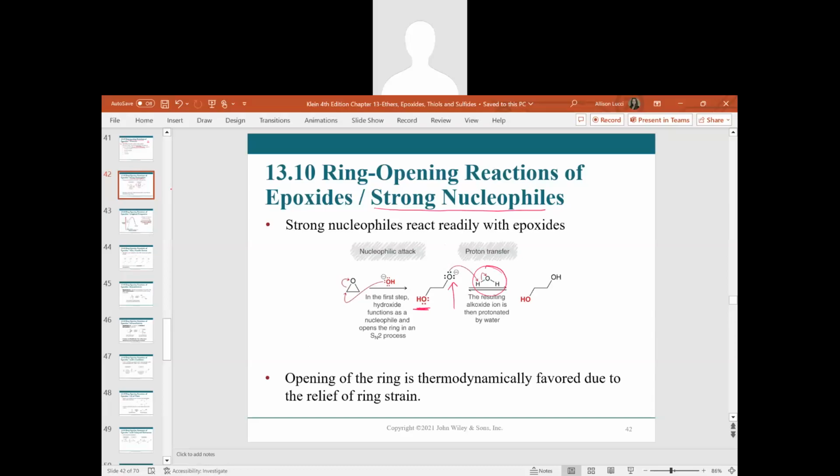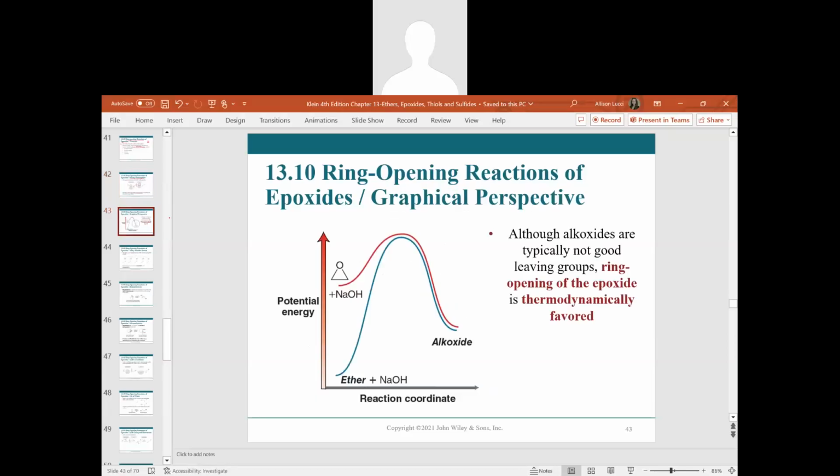So due to the opening of the ring being thermodynamically favored, this process would occur. We can see here that we generally do not think of alkoxides as good leaving groups, but it is thermodynamically favored due to that ring strain.